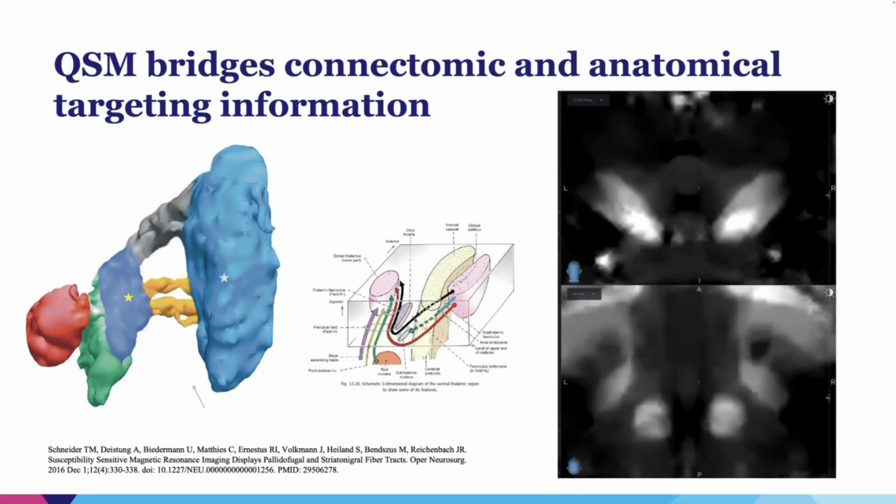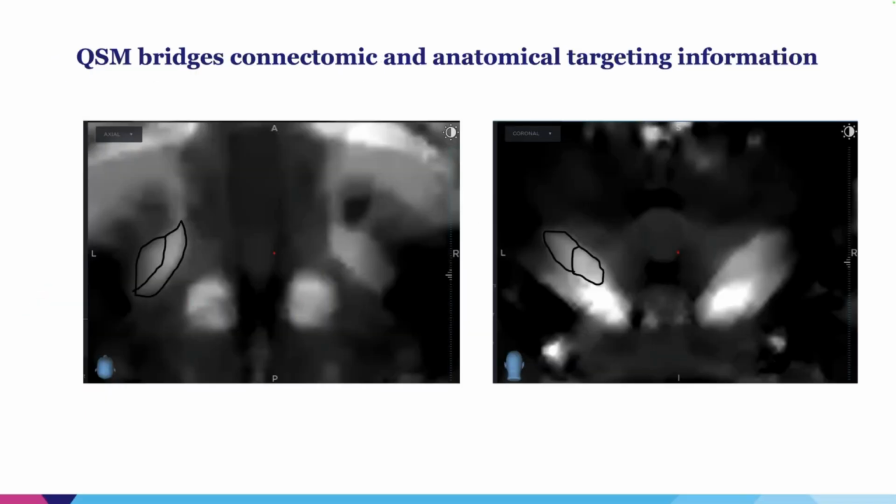This is the wispy versus the dense area, outlined on the left versus the right, coronally and axially. When we looked at this, we know historically that the dorsolateral portion of STN was the sweet spot for motoric stimulation for movement disorders.